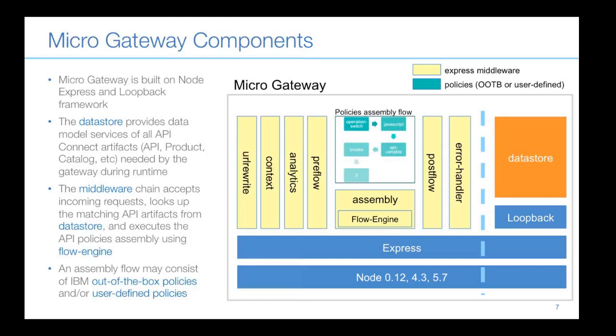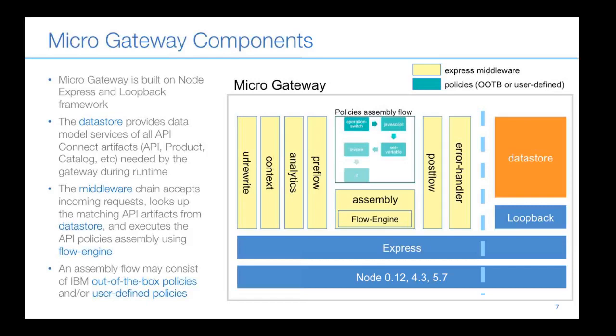The analytic middleware gathers the incoming transaction data and stores the API usage information to the configured analytic server in the backend on the API management server side. That's the analytic. Then it passes control to the preflow. That's the most critical component that we have on the gateway.